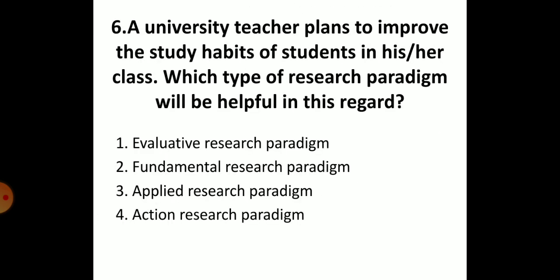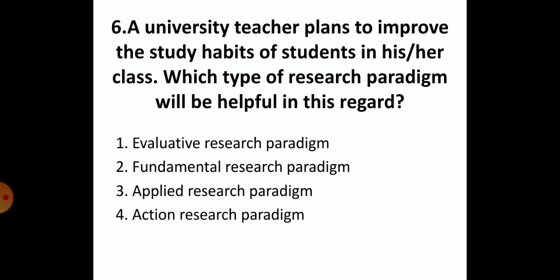Question number 6. A university teacher plans to improve the study habits of students in his or her class. Which type of research paradigm will be helpful in this regard? Options: evaluative research paradigm, fundamental research paradigm, applied research paradigm, action research paradigm. Evaluative research means finding out the extent of perceived impact of an intervention.